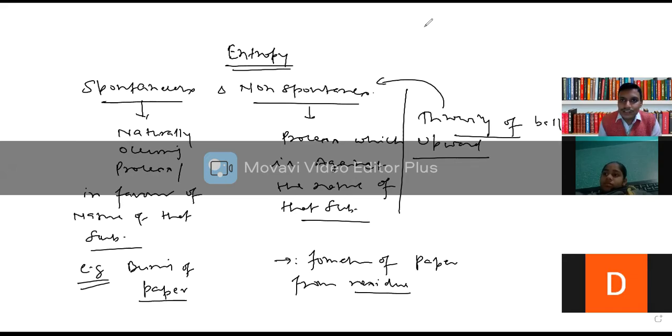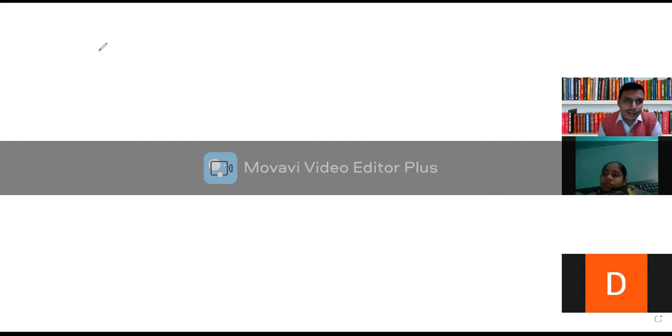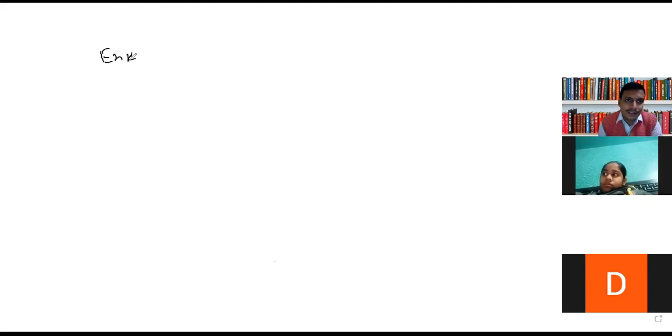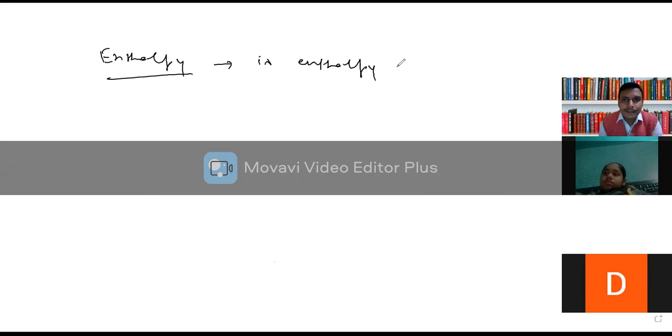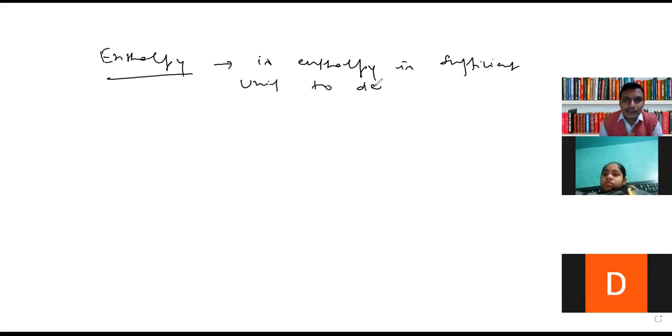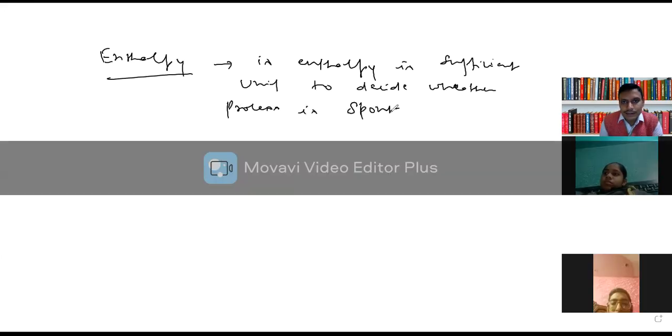Okay. Now the question is about the one term that you had already studied in the previous class, that is enthalpy. Is enthalpy a sufficient unit to decide whether a process is spontaneous or non-spontaneous?